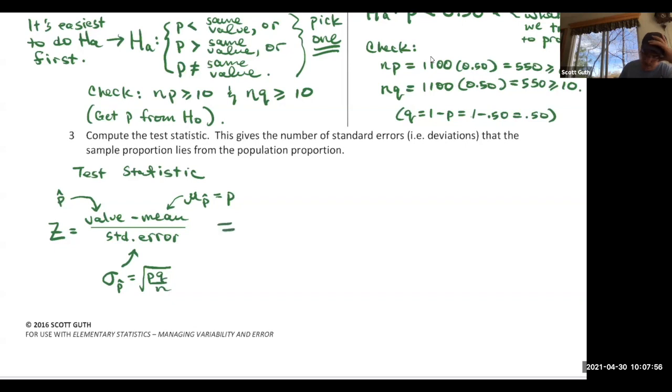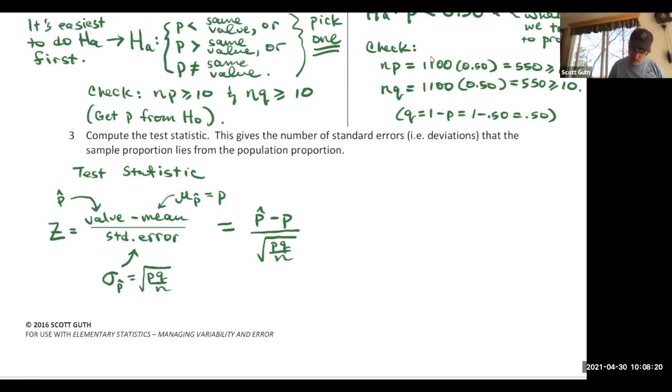So you're just doing P hat minus P over the standard deviation, which is the square root of PQ over N. Any questions?